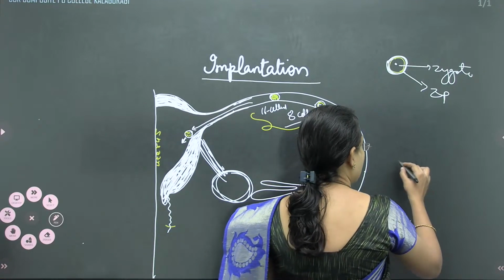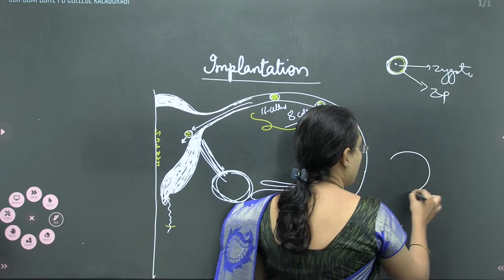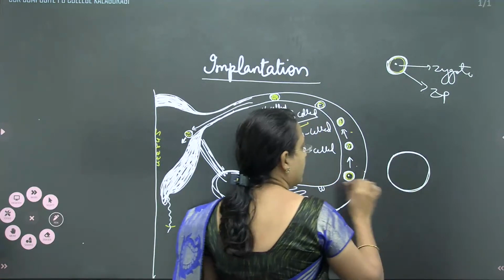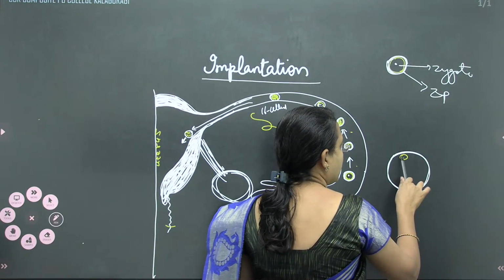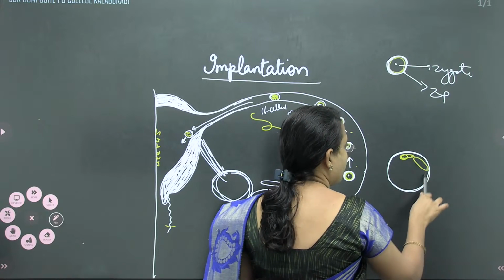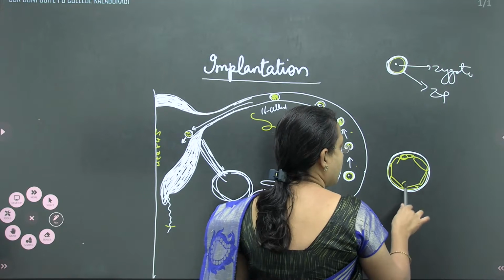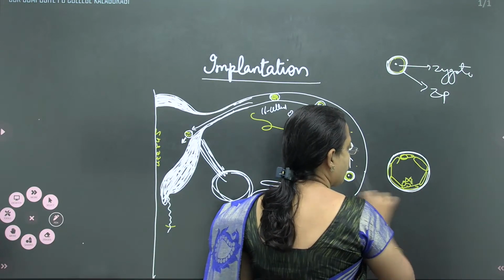So now the surrounding was zona pellucida, and inside, what is this? Flat layer called, and the inner cells.